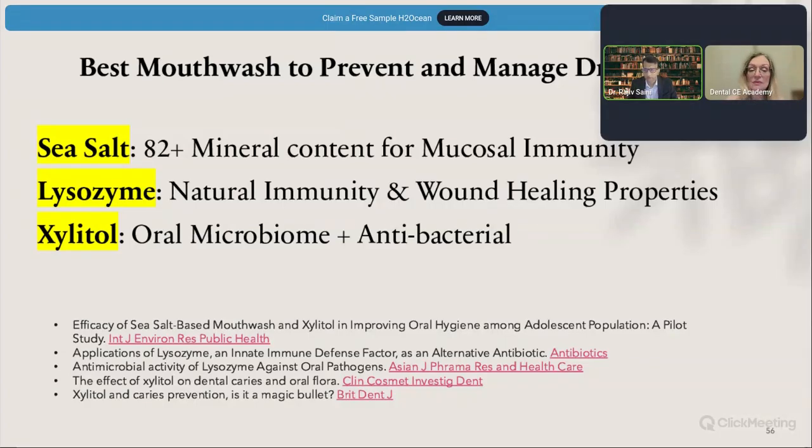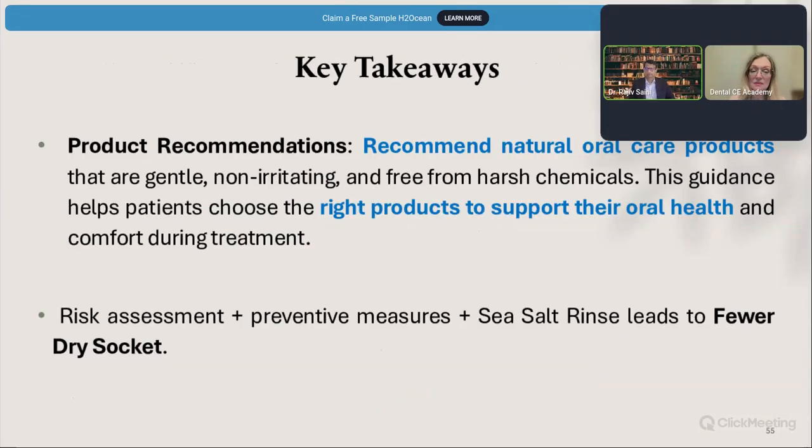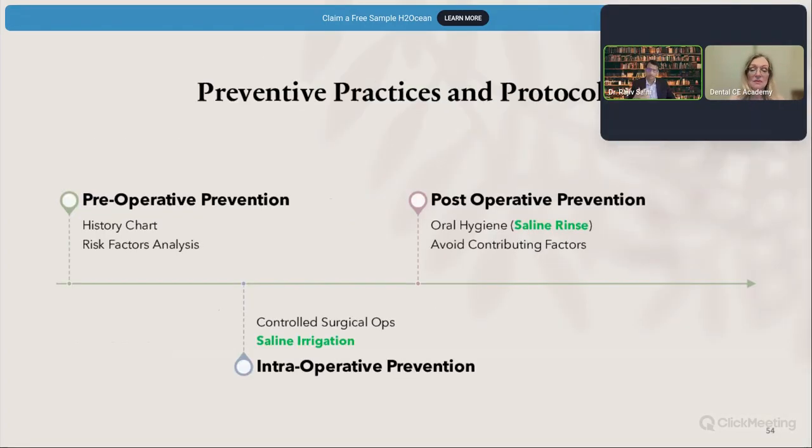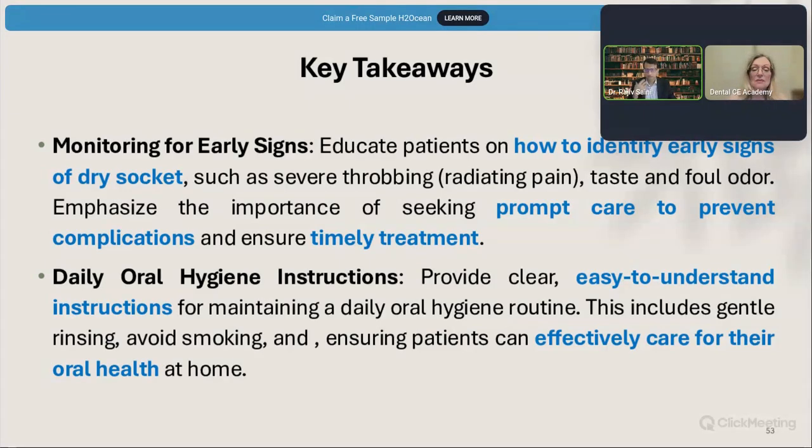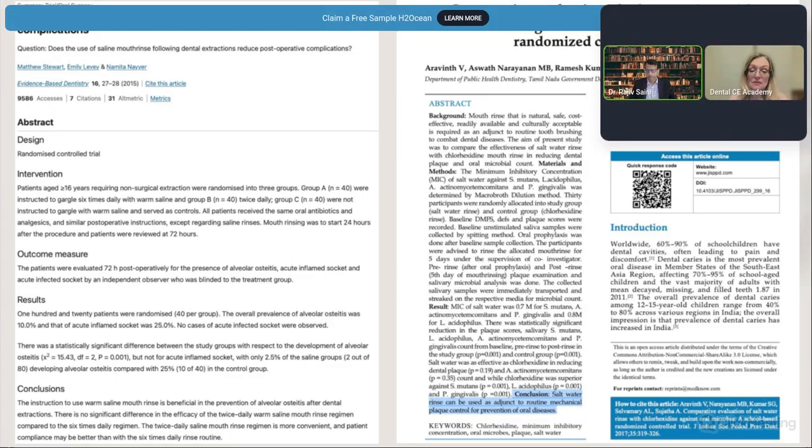Exposed bones and nerves are highly sensitive and cause severe pain. This pain is typically throbbing, sharp, and sometimes stabbing, radiating to the ear, jaw, or even the head. So that's one of the reasons for severe pain.